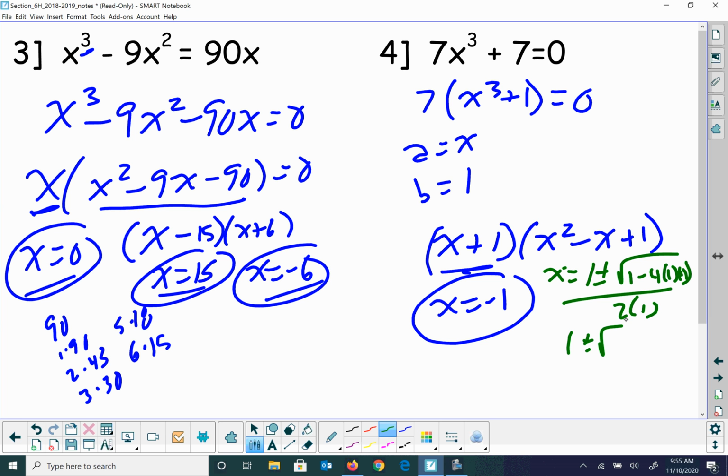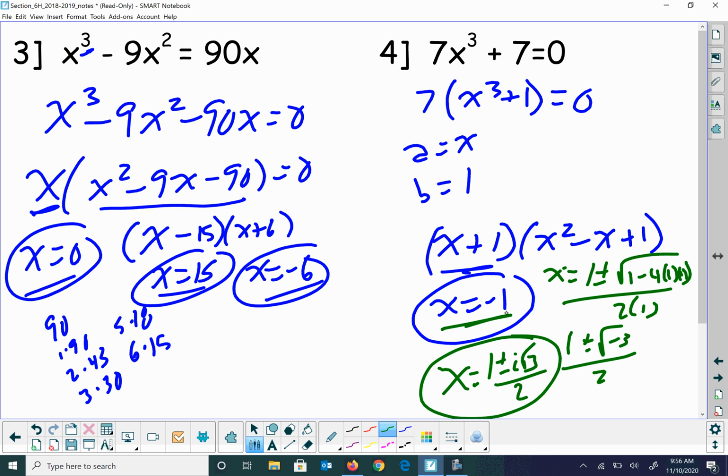Root 3 over 2. So my answers to the second one are 1 plus or minus i root 3 over 2. So this is 2 imaginary, or 2 complex, and this is 1 real. And again, we have 3 solutions because that's raised to the 3rd power.